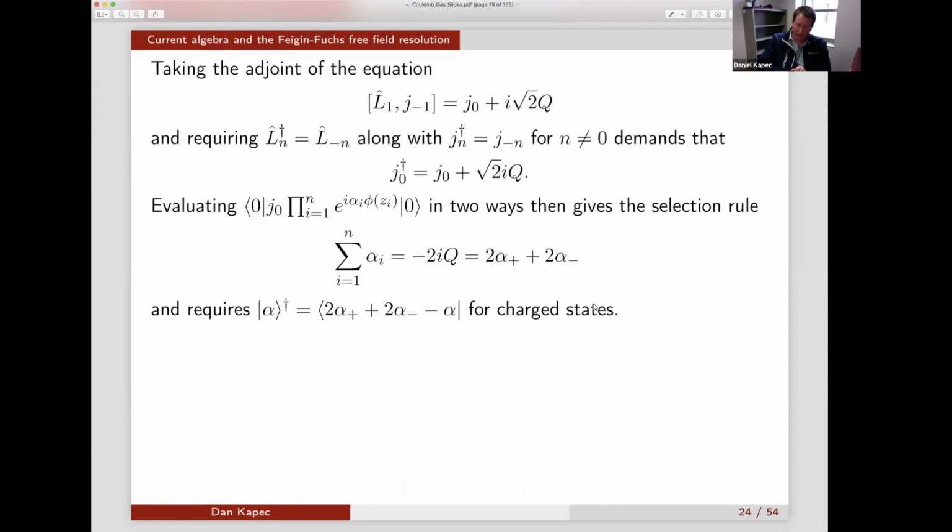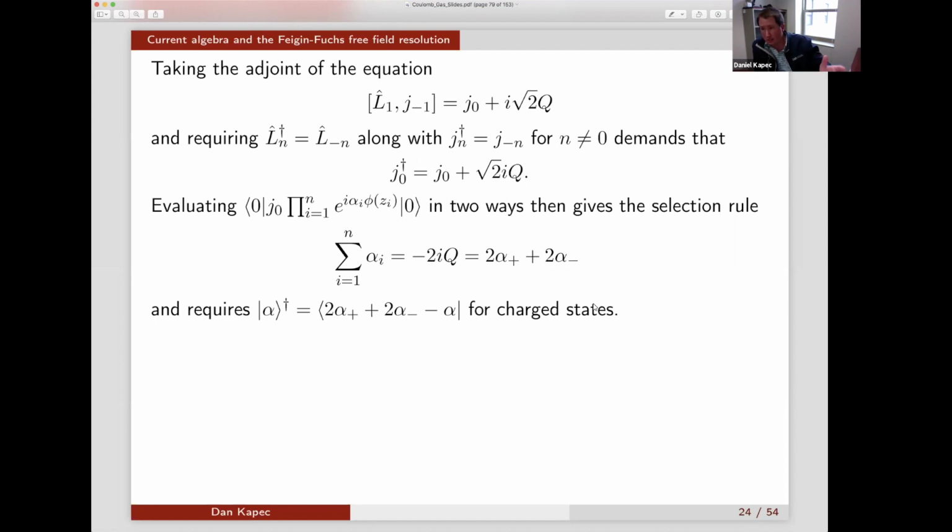The one other important effect of the background charge is this difference in the selection rule for the local correlation functions. So if you take this basic commutator again and you take its adjoint and you ask that the Virasoro algebra and the non-zero modes of the current algebra have their standard adjoints, then you will see actually that J0 dagger is J0 plus a constant piece.